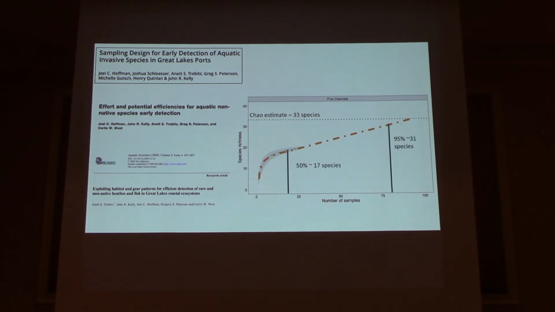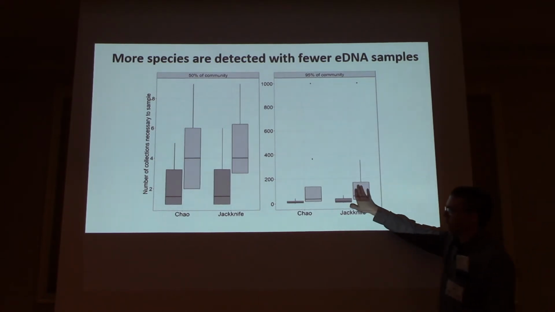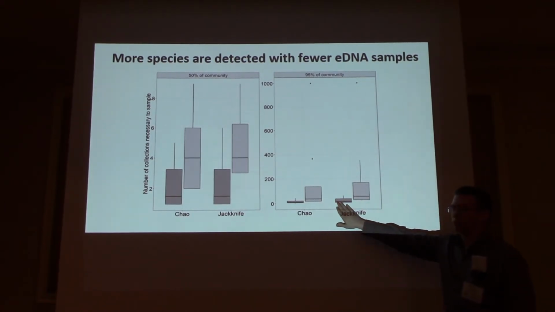And then look to see how many samples it would take to sample 95% of the community and 50% of the community. So we did this for both the traditional gear approaches and the light gray and the combined eDNA approach that we use.